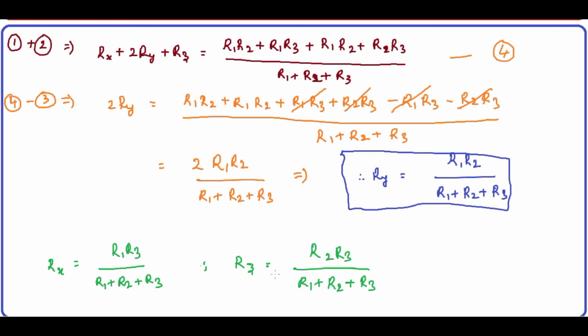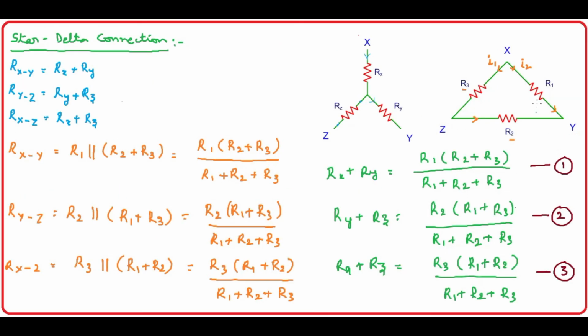So you will get any one of the resistors Rx, Ry, or Rz, so that you can finally end up with this answer. So this is the conversion: if R1, R2, R3 have been given to you, you are able to find Rx, Ry, Rz. So it is the conversion from delta to star.